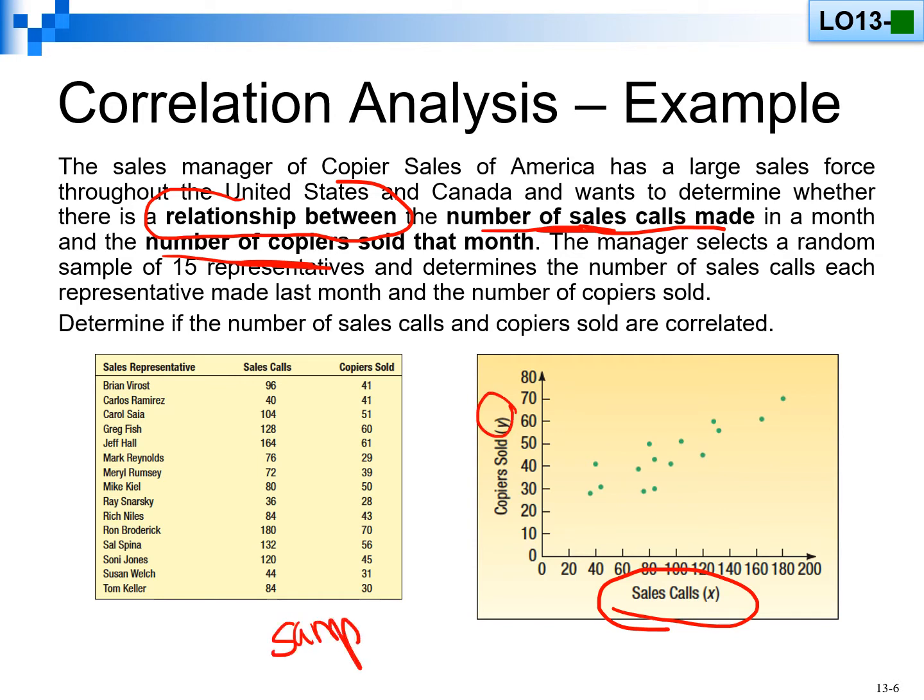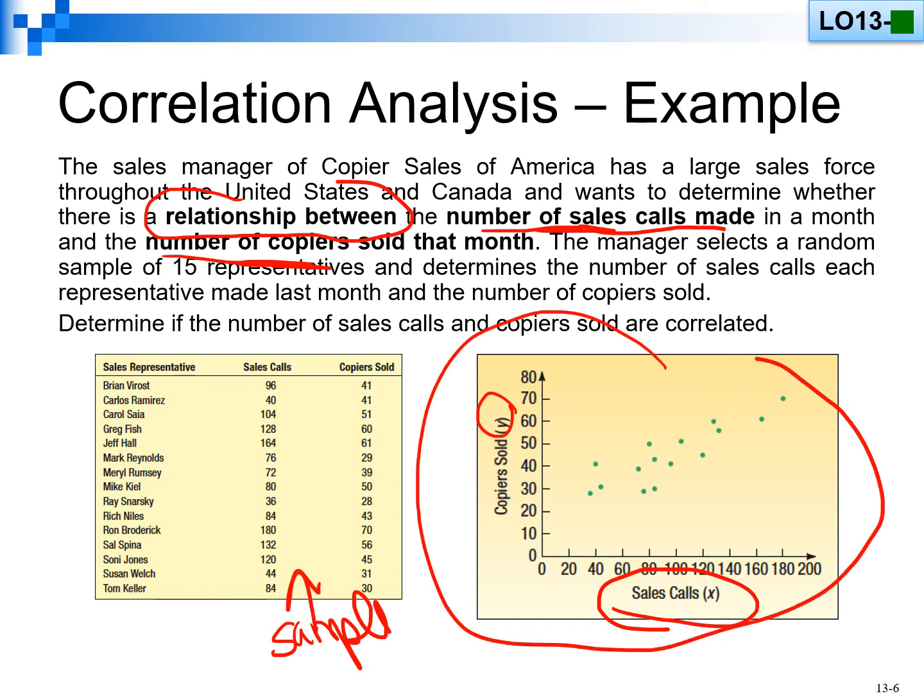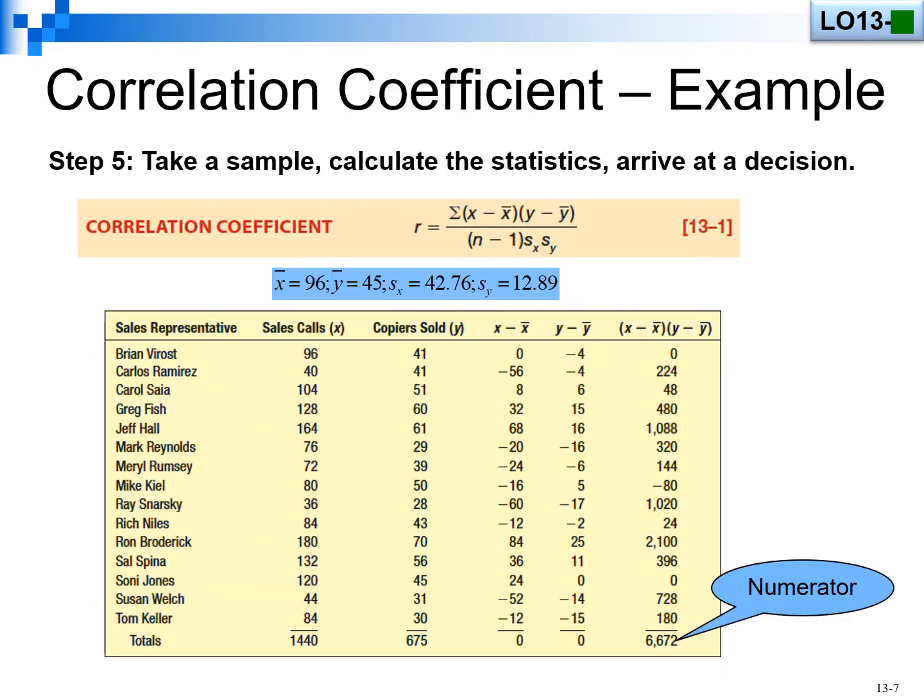They've already given us the sample information and plotted it in a scatter plot. A rough look suggests there is a positive relationship, and we're going to see how positive this number is. To walk you through it, they got the sample mean for X, which is right there, 96.